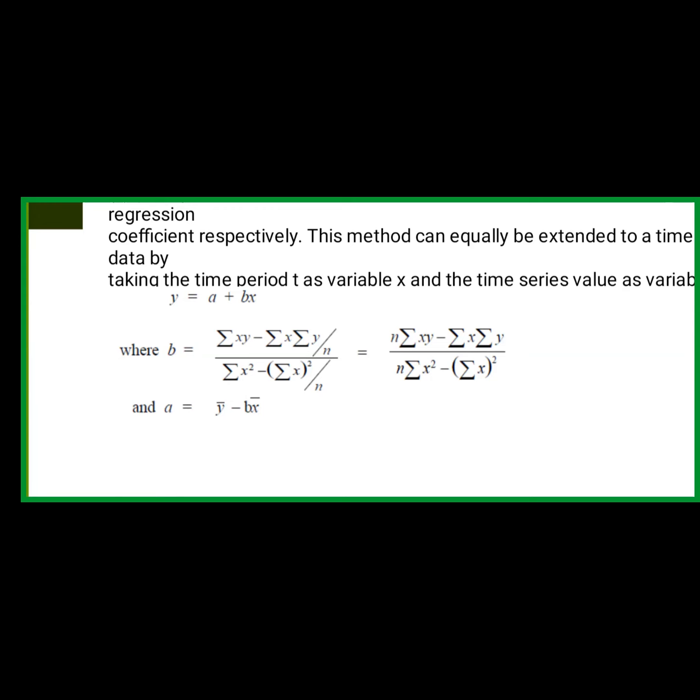So b is n summation xy minus summation x summation y, all over n summation x squared minus bracket summation of x close bracket squared. While a is a equal to y bar minus b x bar.